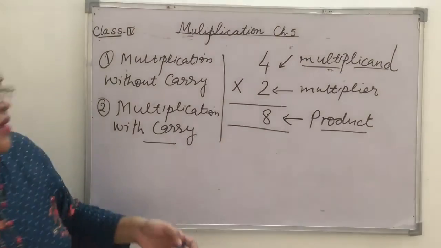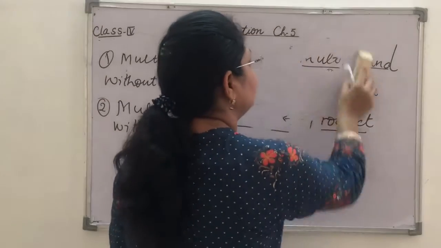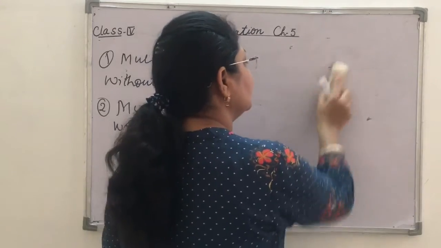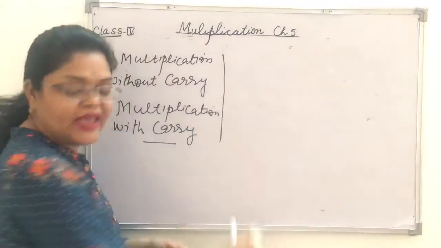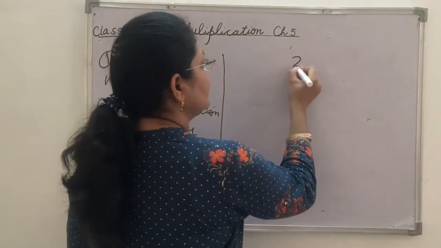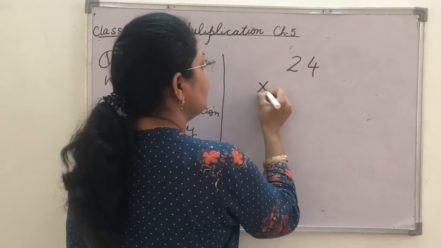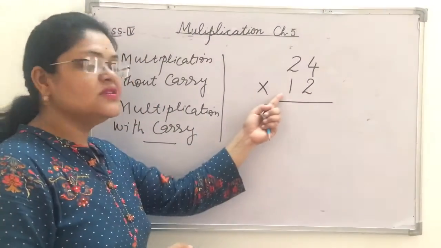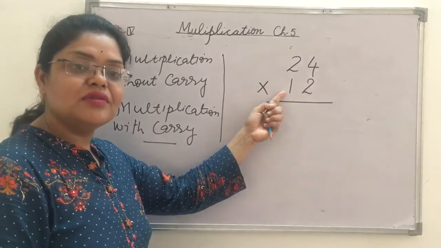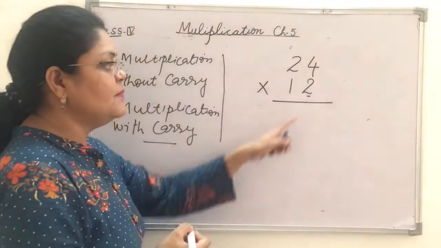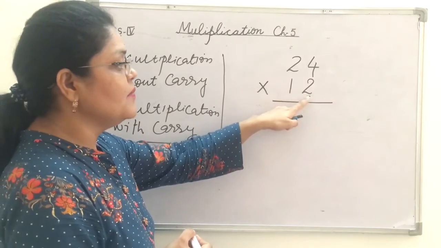The first question is multiplication without carrying. We have 24, and we will multiply it by 12. How will you do it when the multiplier is a two-digit number? First of all, you take the first multiplier digit, that is 2.